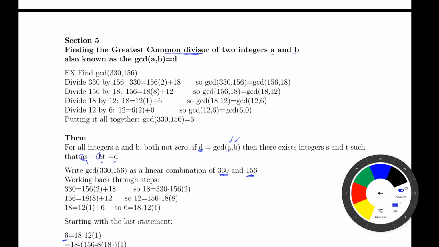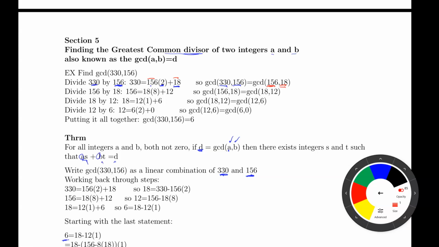We're just going to take steps. If I take 330 and divide it by 156, there are 2 of them in there, and I have a remainder of 18. The greatest common divisor between 330 and 156 is going to be the same as the greatest common divisor between 156 and 18, because there's a relation between these two things.